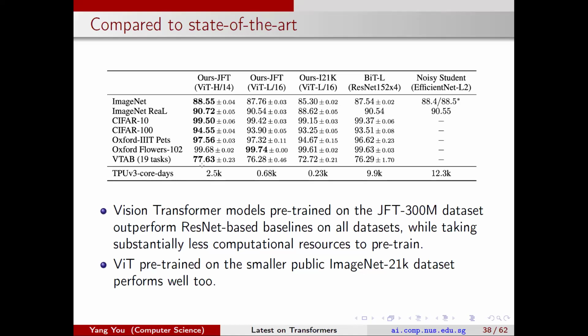For example, if I finish this computation, I need 2500 TPU core days. If I have 100 TPU cores, I need 25 days. You see the computational cost of ViT actually is lower, and they can get a higher accuracy.